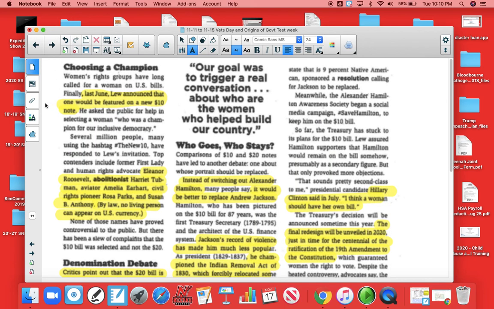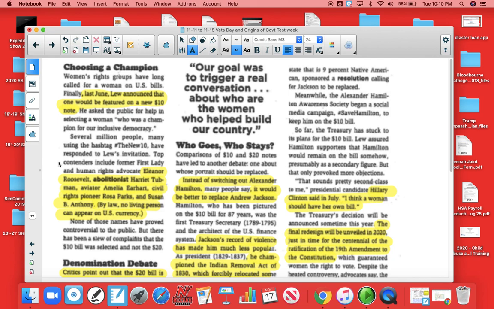Choosing a champion. Women's rights groups have long called for a woman on U.S. bills. Finally, last June, Lew announced that one would be featured on a new $10 note. He asked the public for help in selecting a woman who was a champion for our inclusive democracy. Several million people, many using the hashtag #TheNew10, have responded to Lew's invitation.